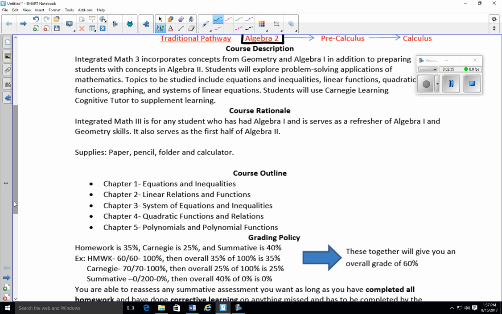Basic paper, pencil, folder, and calculator are still expected, but I would like for students to invest in a stylus. As you know, these are more than just a laptop. They are a tablet, so we can write on them and do math on them.